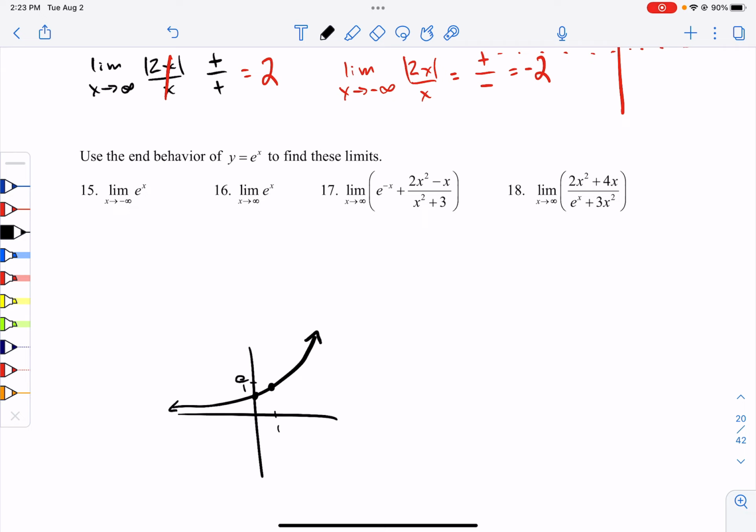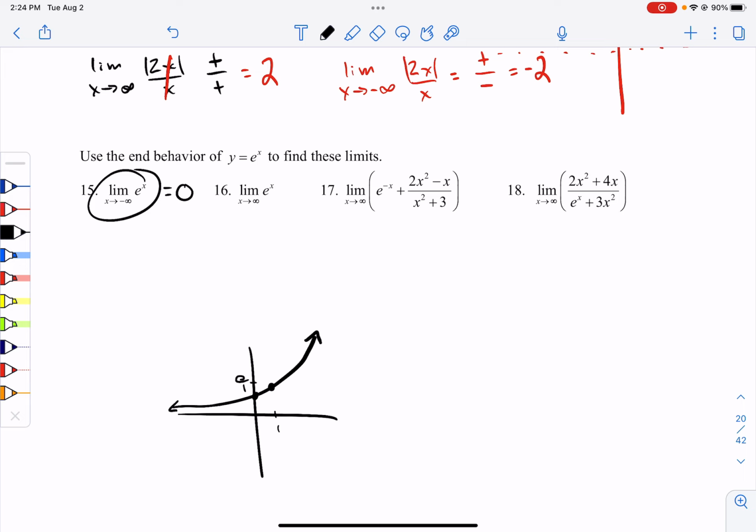But if I look at the ends of my function, as I go to the right, the e function goes to infinity. As I go to the left, I'm approaching 0. I'm not ever going to cross. It's going to approach 0. So the limit on number 15 as x goes to negative infinity: as I go more and more negative to infinity, I'm getting closer and closer and closer to 0.